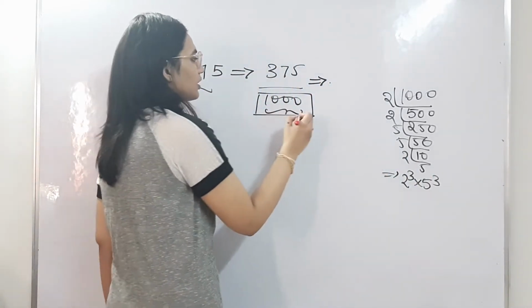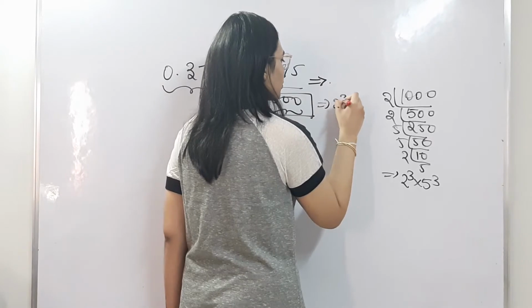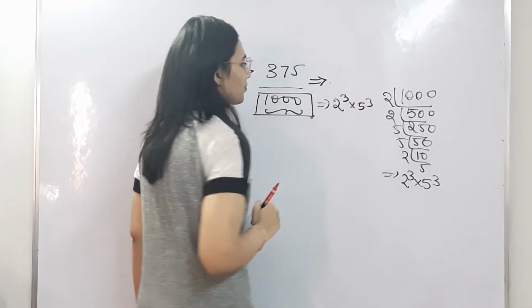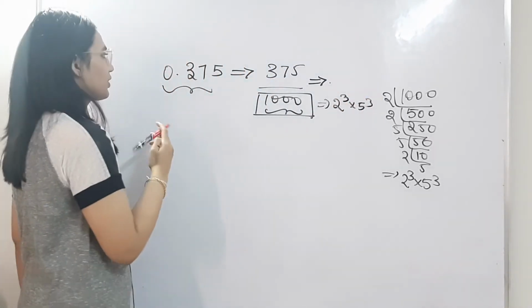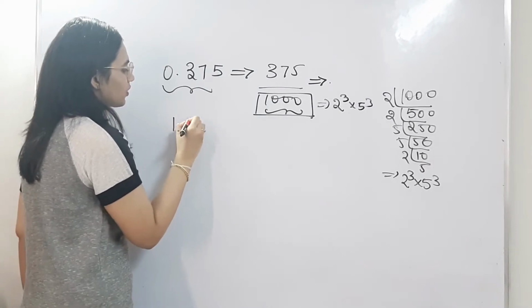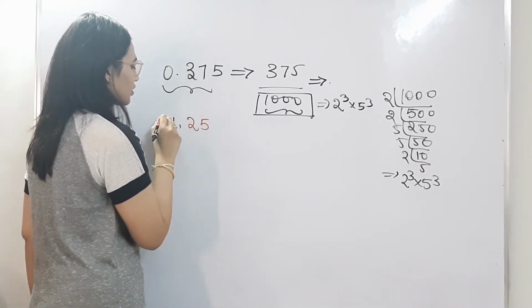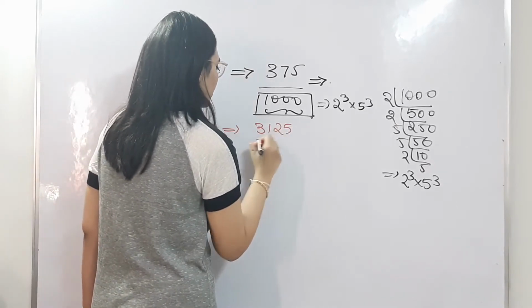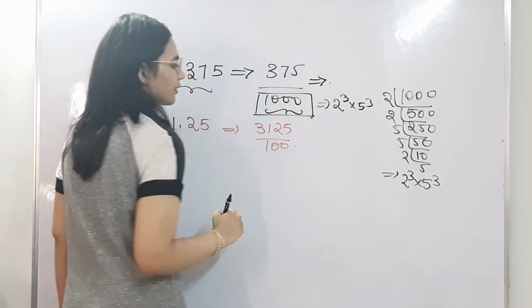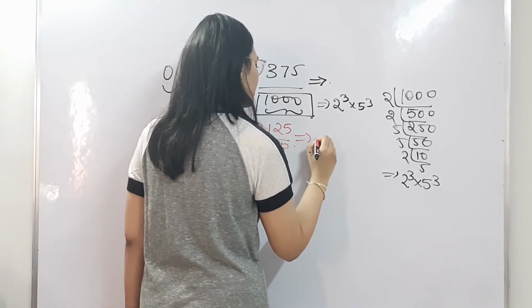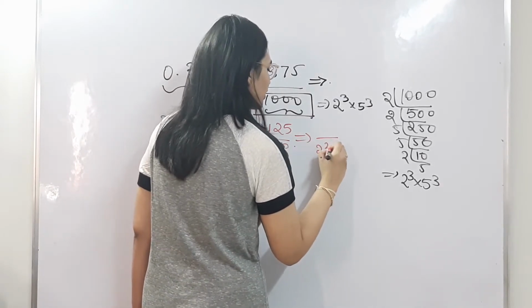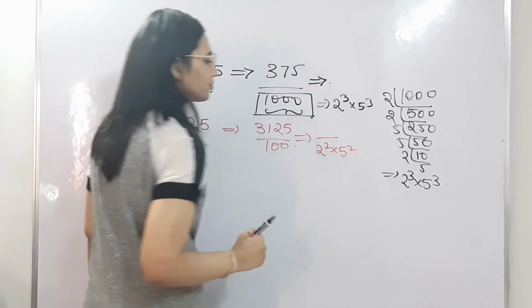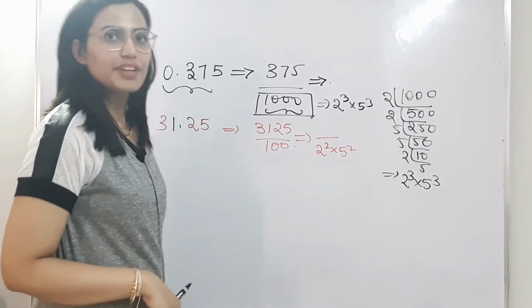So 1000 can be expressed in the form of 2 cube into 5 cube. Again, let me give you one more example here. I will give you 31.25. How do you write this? 3125 by 100. And what happens if you prime factorize 100, leaving the numerator? You'll get 2 square into 5 square. That is, 4 into 25 is 100.